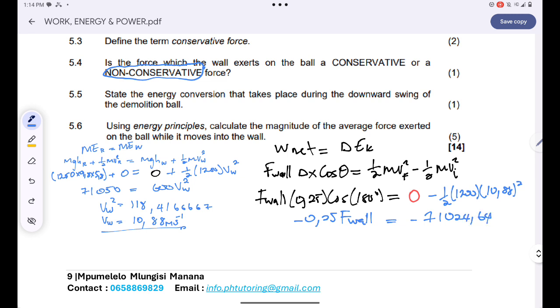Then I'll obviously divide both sides by negative 0.25. The force will be 284,098.56 newtons. This is how, guys, we're supposed to tackle this question.